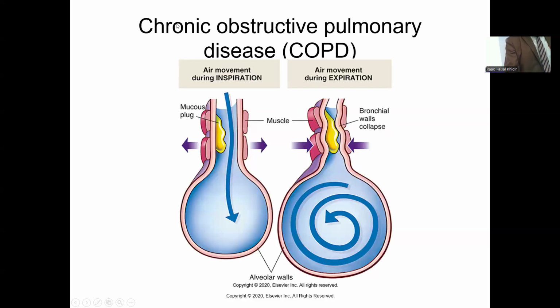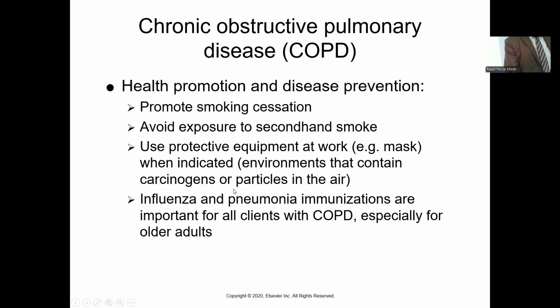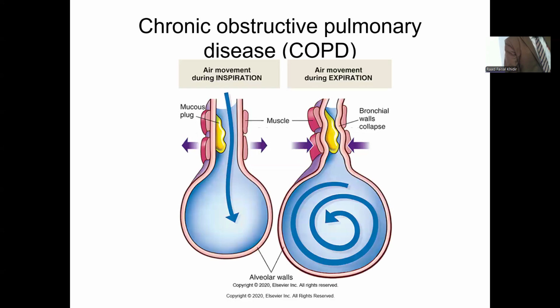So if you look now, in chronic obstructive pulmonary disease, we said that air goes in, but due to the bronchial wall collapse, the air cannot come out. And this yellow here is a mucus plug that is going to further cause resistance and prevent the release of the air from the alveoli. So the air comes out, but only a little bit.